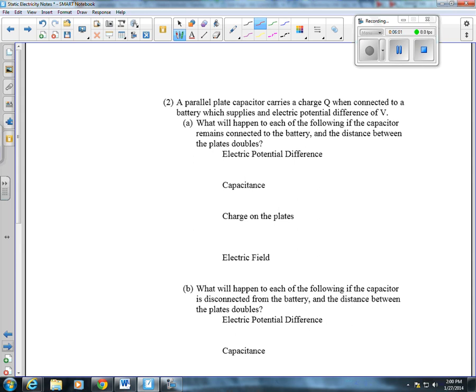A parallel plate capacitor carries charge Q when connected to a battery, which supplies an electric potential difference of V. So I'm making a picture of this here. So I have my parallel plates. They have voltage V, and the charge on it is Q. And what will happen to each of the following if the capacitor remains connected to the battery, and the distance between the plates doubles? I didn't draw the battery here, so we'll put the battery here.